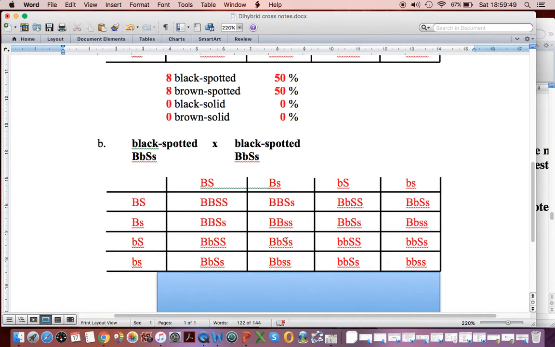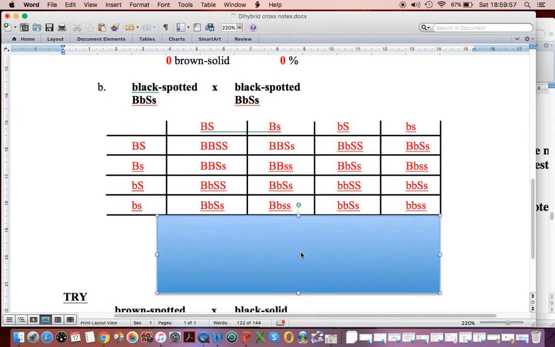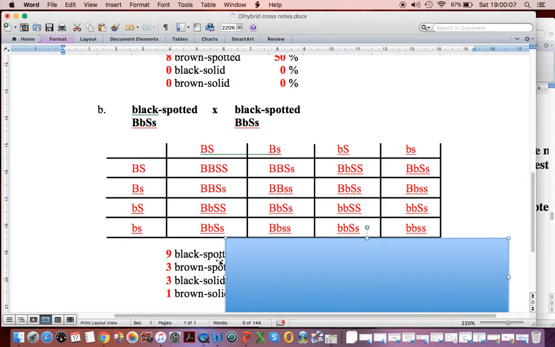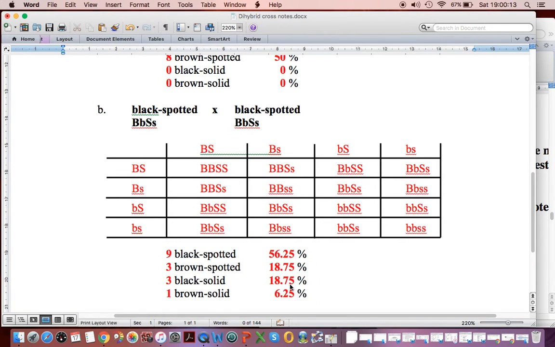If I look at any of these rectangles, I've looked above and to the left for the letters coming together, the B's and the S's. Then I have to interpret it, and this one's going to have quite a wide range. So you may even want to do a tally chart. So you might want to say how many are black spotted, how many brown spotted, how many black solid, how many brown solid.